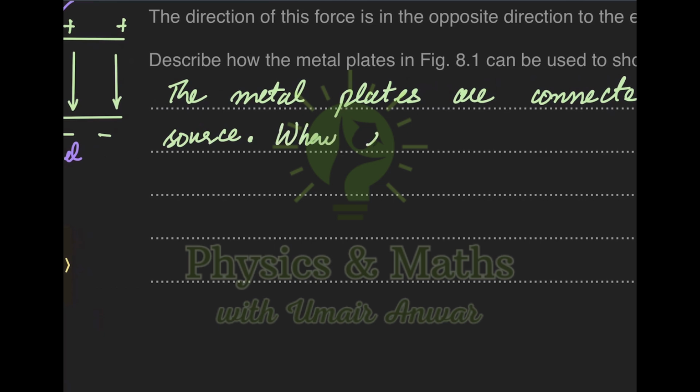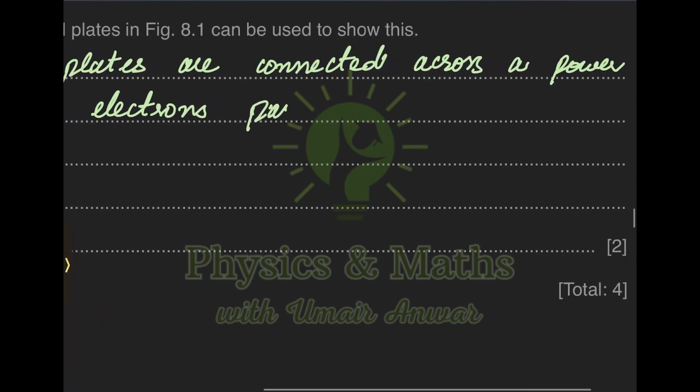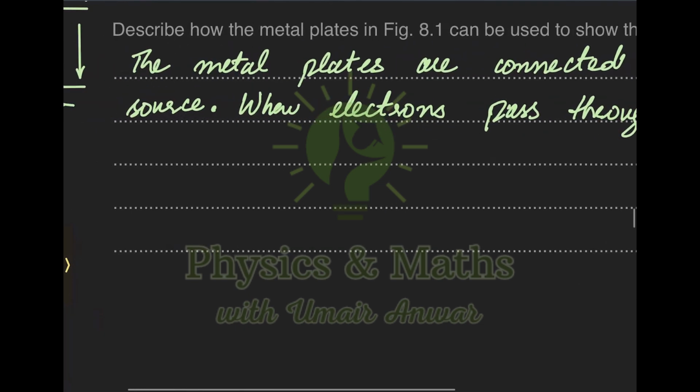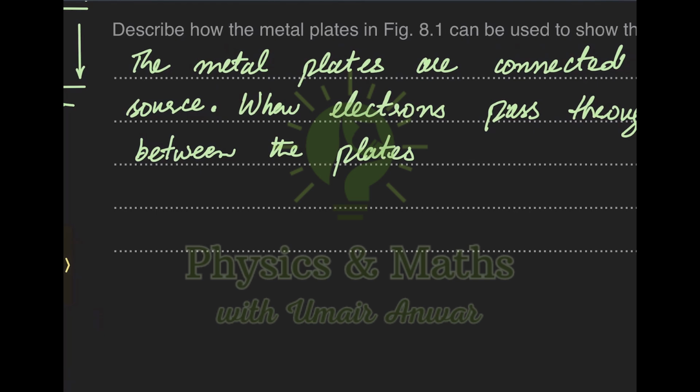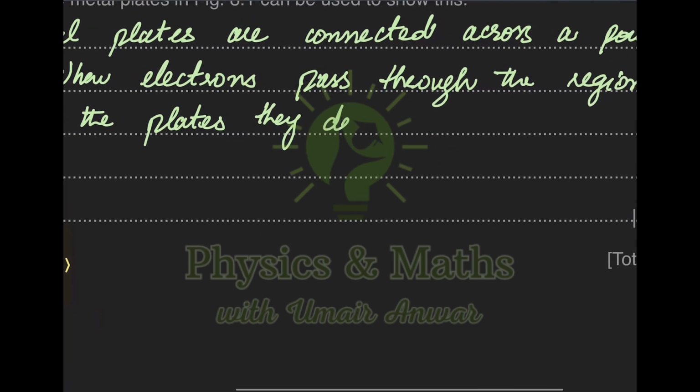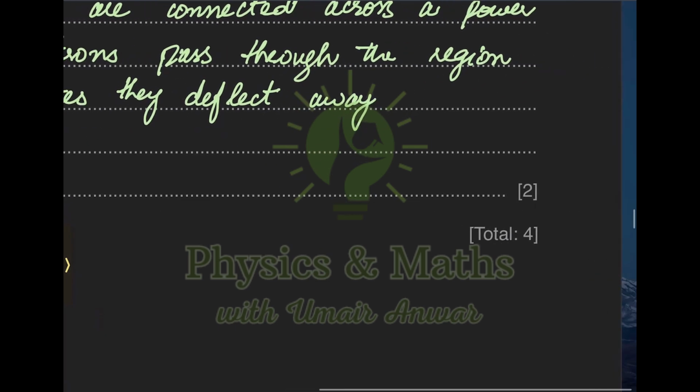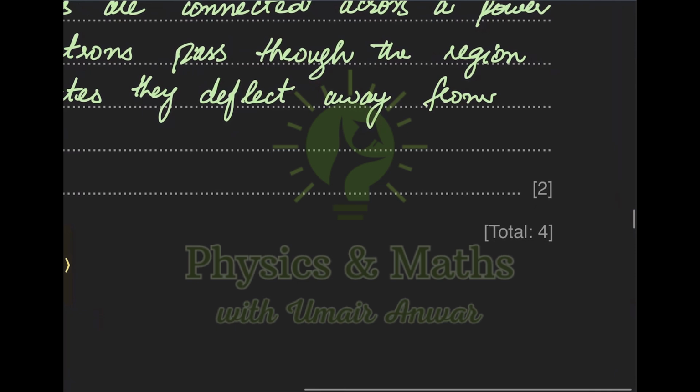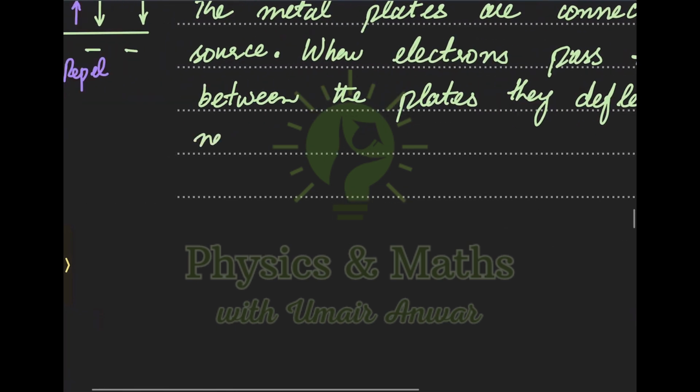When electrons pass through the region between the plates, they deflect away from negative.